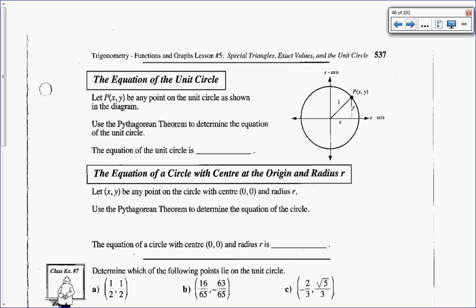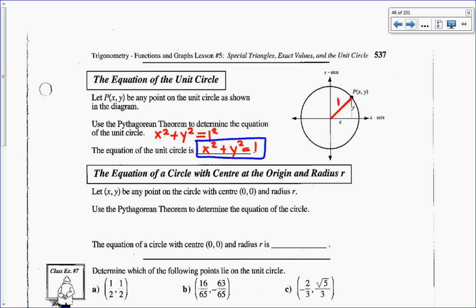Well, we know the Pythagorean theorem is x squared plus y squared, and in this case it equals r squared, which in this case, because our unit circle has a radius of 1, we know that our r is 1, so it's 1 squared, right? So the equation of the unit circle in essence is x squared plus y squared equals 1, okay? Because the unit circle has a radius of 1.